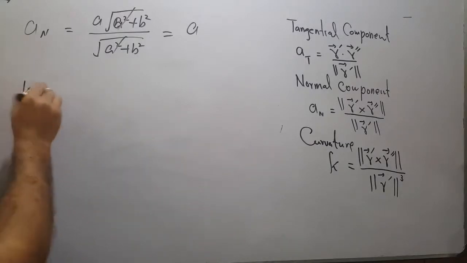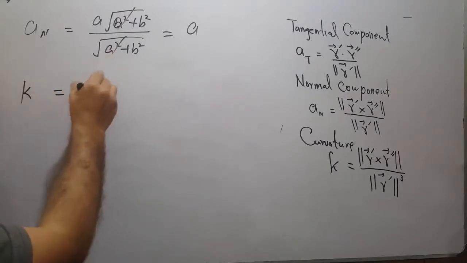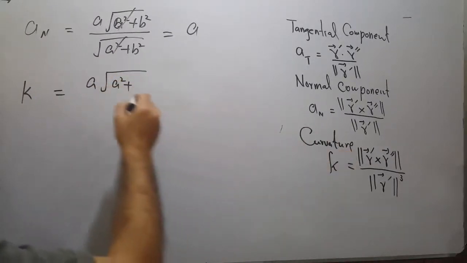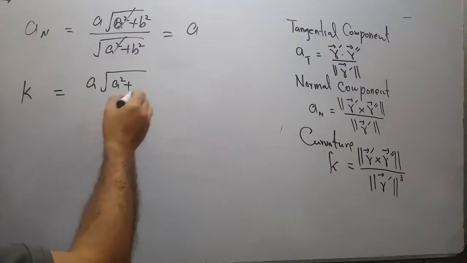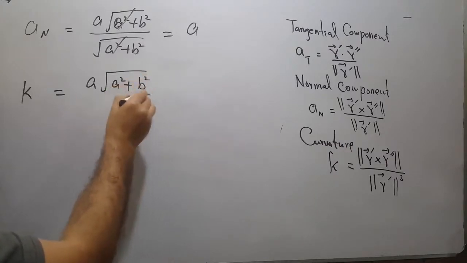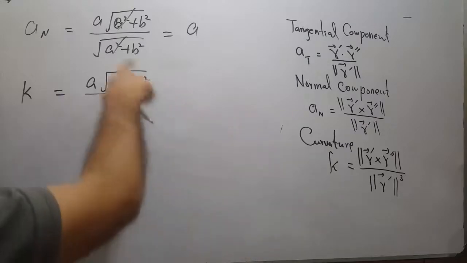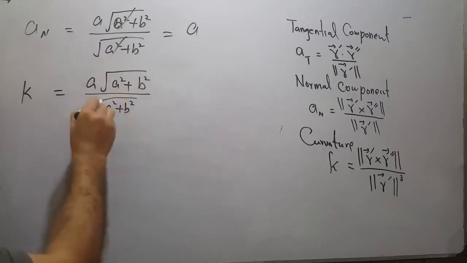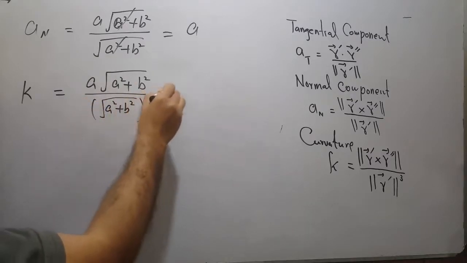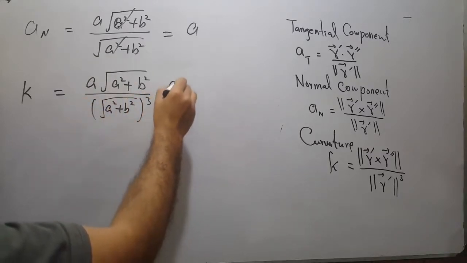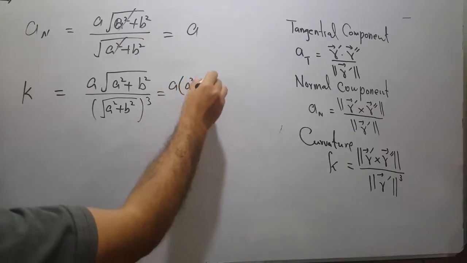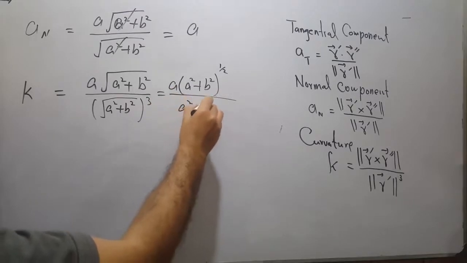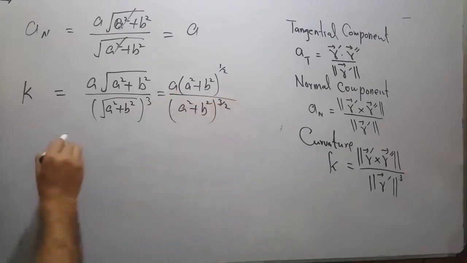For kappa, we already know the magnitude of r prime cross r double prime is this one, and r prime is this one, so that is the square root of a square plus b square, to the power 3. So this we can write as a square plus b square to the 1 over 2, and that would be a square plus b square to the 3 over 2.